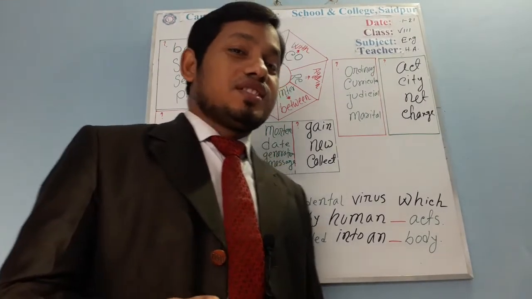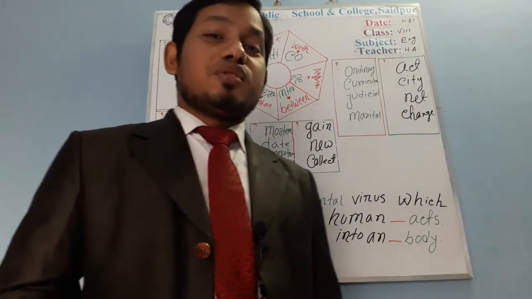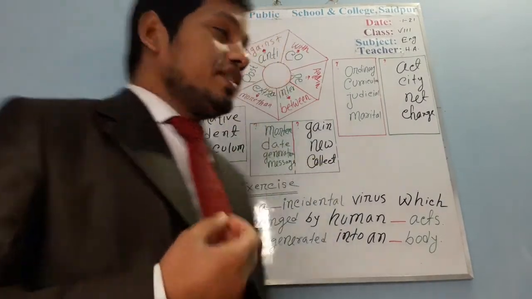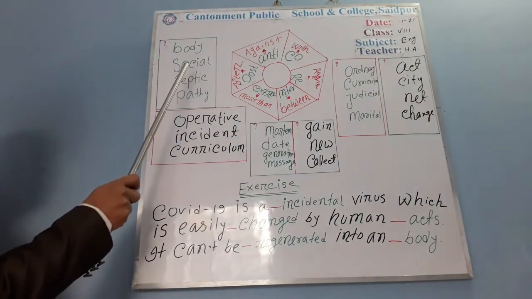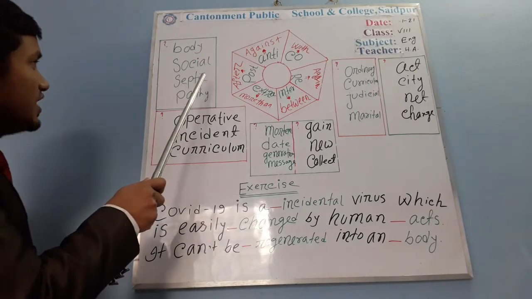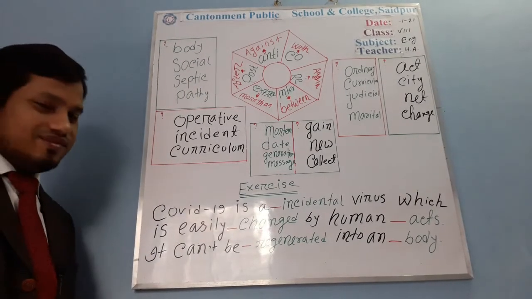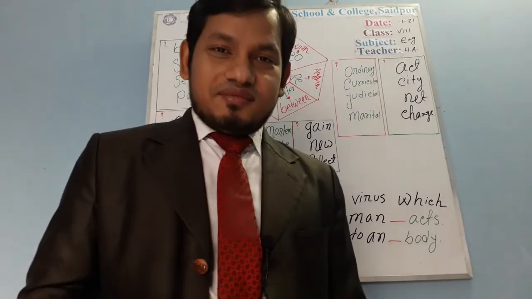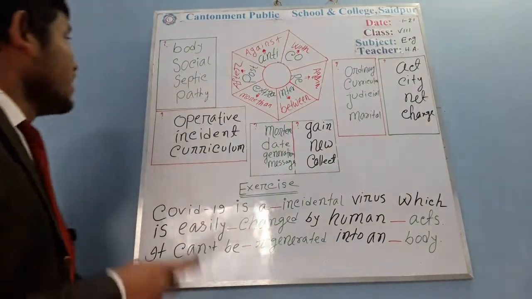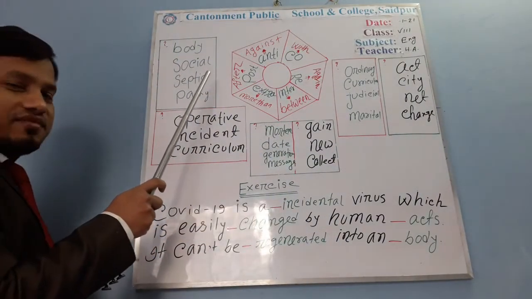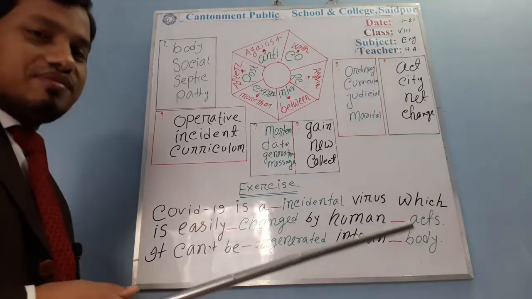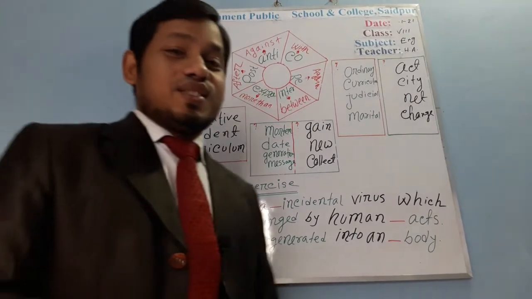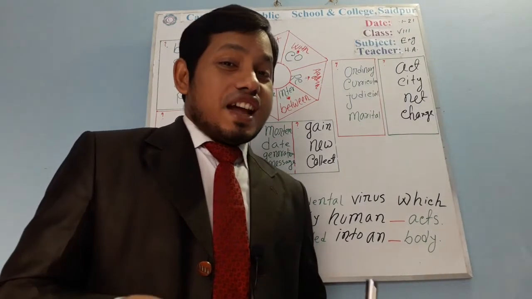Here, antibody means something against the body. Antibody means some virus cannot harm your body if you have antibody power and strength. Learners, next word is social. Here you can see antisocial. Antisocial means against society. Like this, antiseptic. Sometimes we use some liquids as antiseptic.